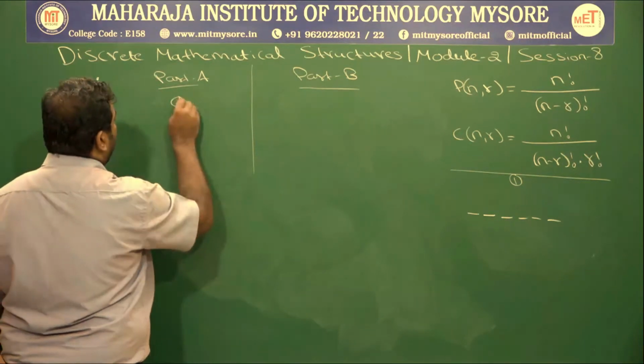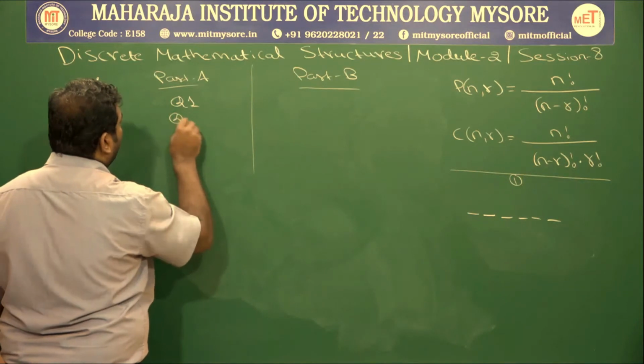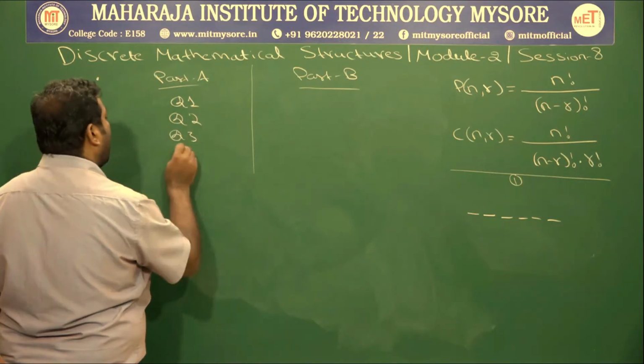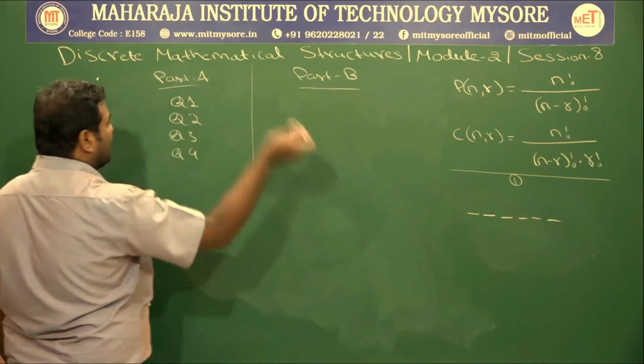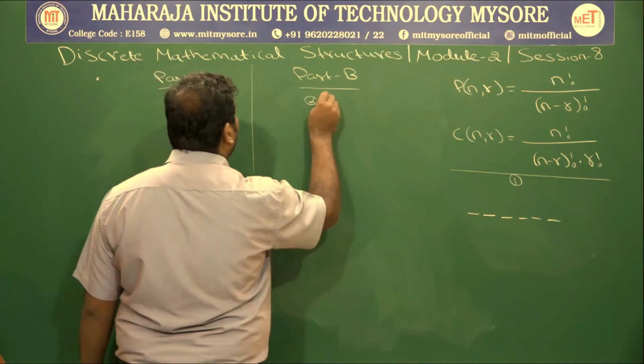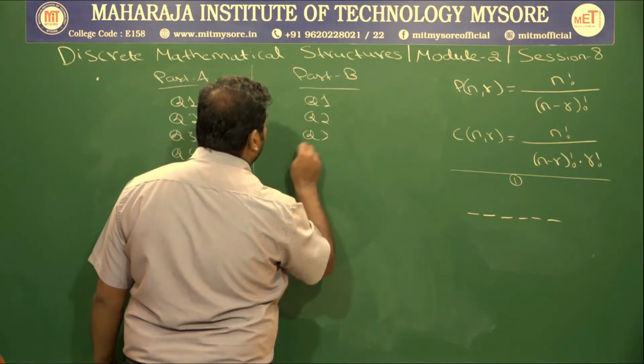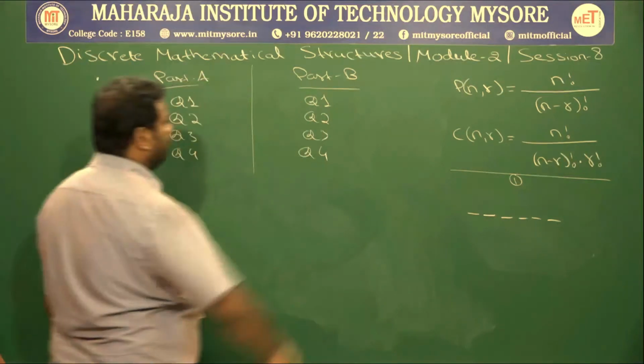I am going to have question 1, question 2, question 3, question 4. Similarly, even in part B, I have got 4 questions: question 1, question 2, question 3 and question 4.